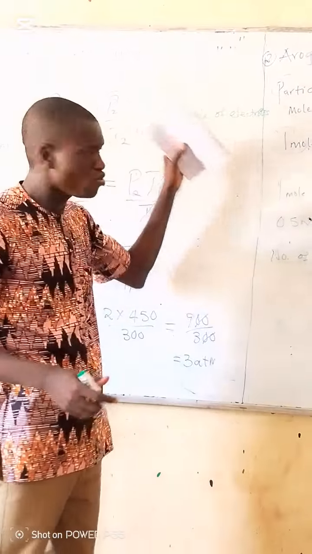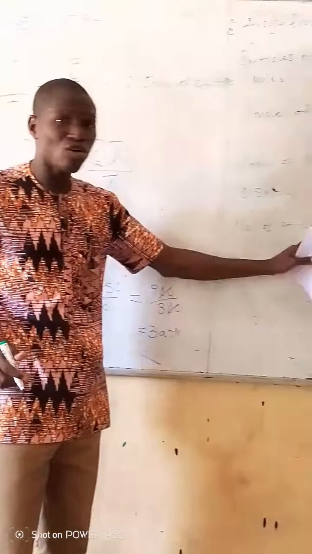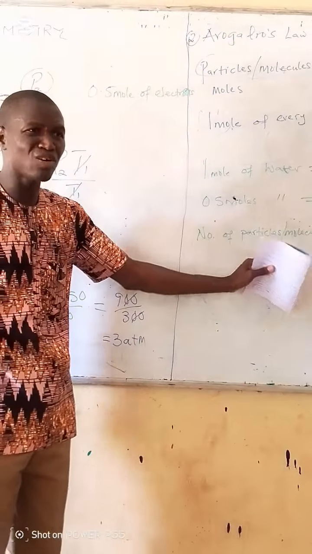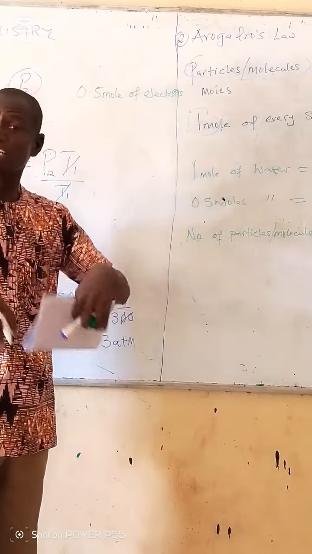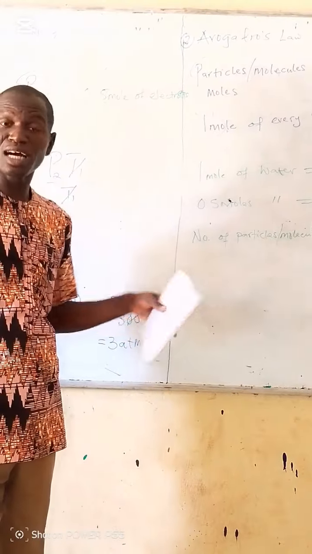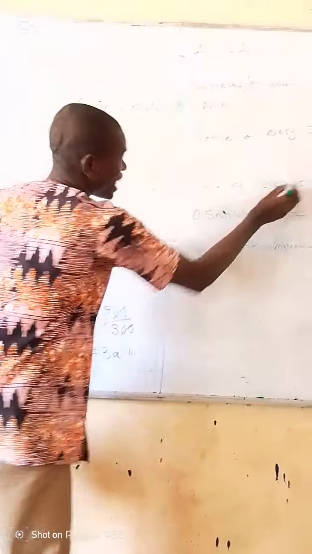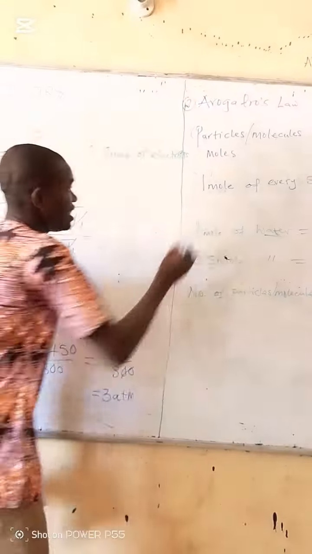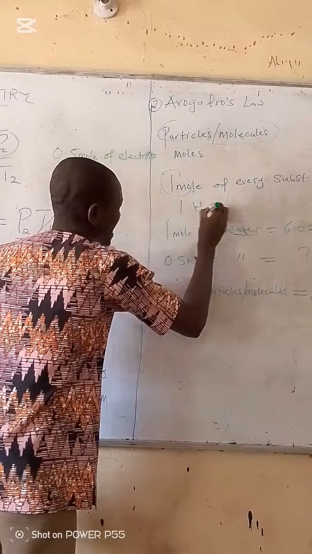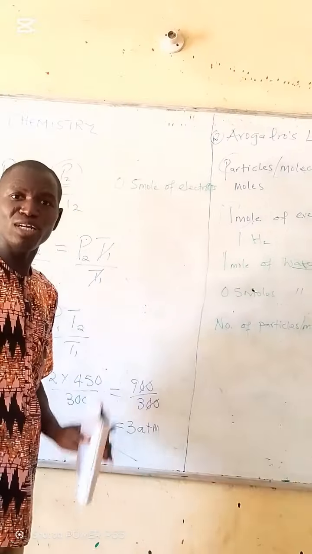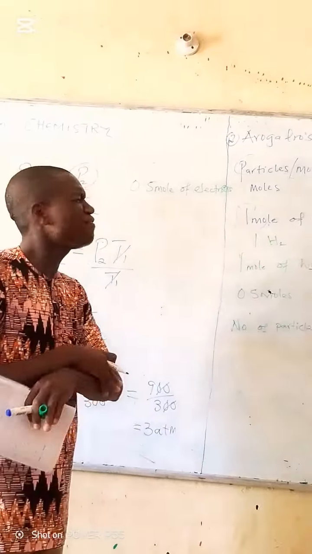So these particles we are talking about, it can come in electrons, it can come in elements, it can come in any substance, it can come in compound. Now the question now, this is asking us of water. Water is a compound. I can say in 1 mole of hydrogen is an element. So this 1 mole that Avogadro is talking about is every substance.